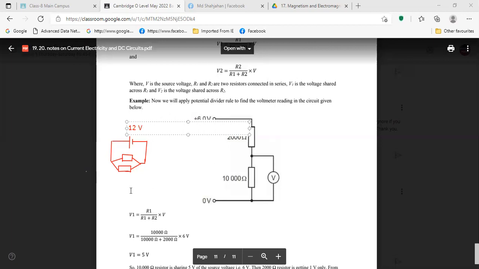Yes, sir. Both the resistors have 12 volts because they are parallel, so all of them share the same voltage. Now about the current.